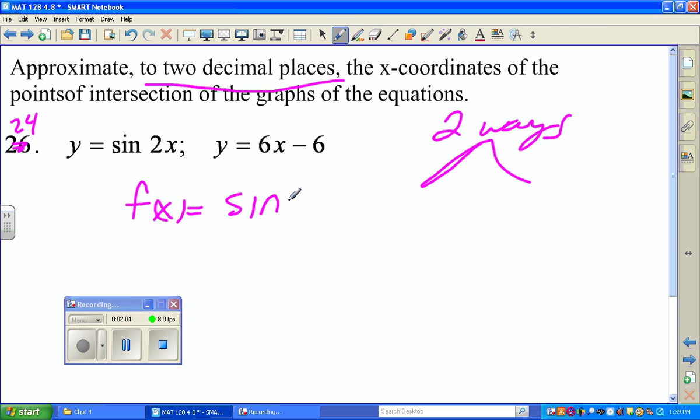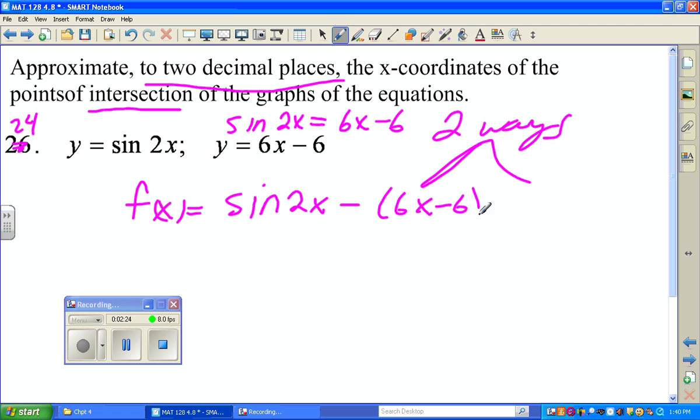Sine of 2x. Now, when you're solving this, it says find the points of intersection. Well, you take sine of 2x equals 6x minus 6. I'm going to write it as 1 equation because I'm going to subtract 6x minus 6.